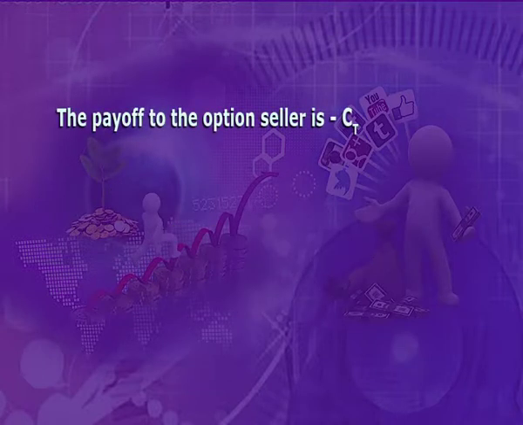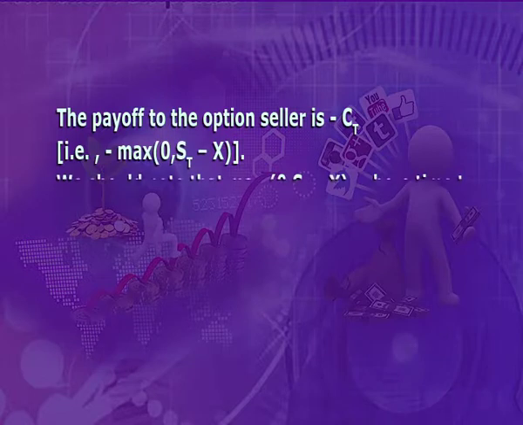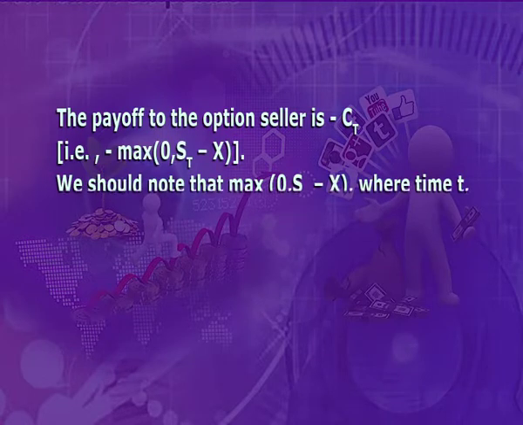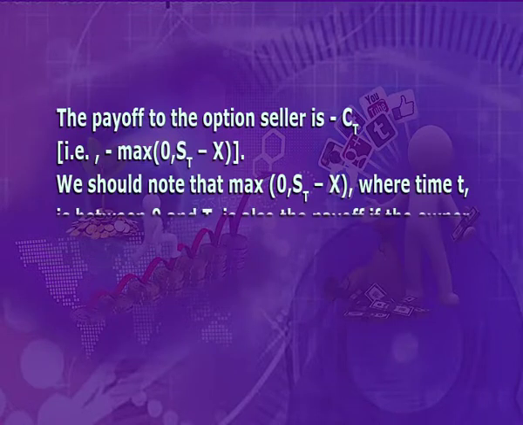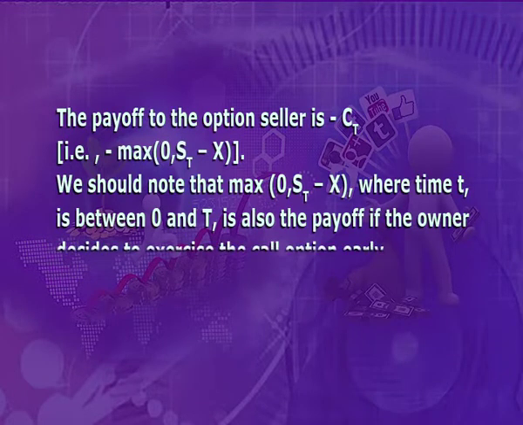The payoff to the option seller is minus Ct, that is minus max[0, St minus X].